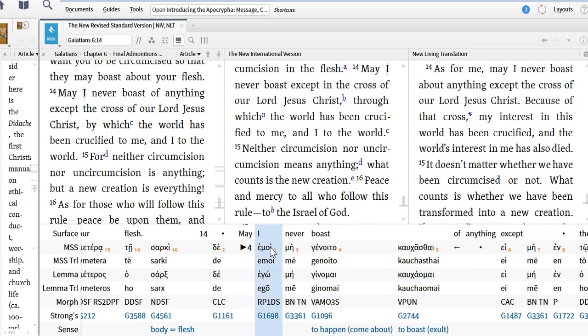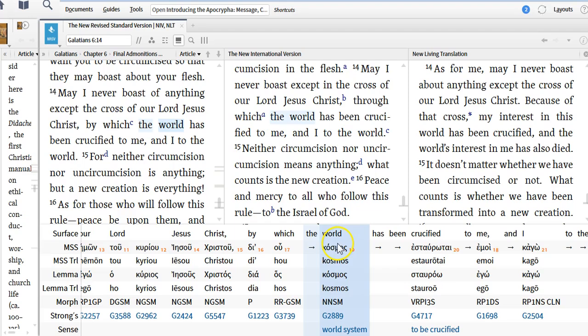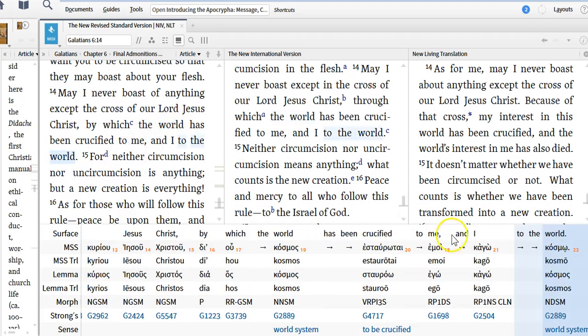Emoi, which I grant is a pronoun, not a noun, but they really work the same way, is a dative word. And then I ask you to look at world, cosmos, which is a noun in the nominative case, and the second appearance of world, which is then in the dative case.